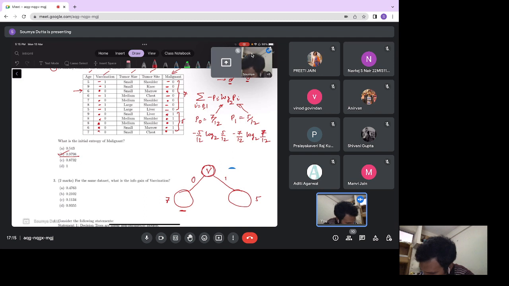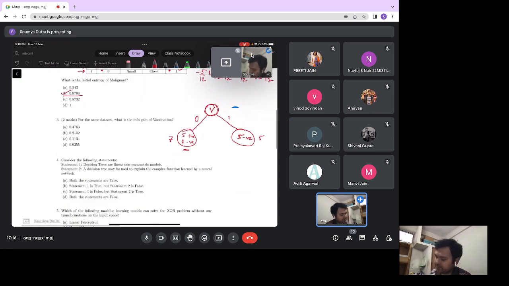Out of the 7 zero cases, malignant is positive, or 1, in 5 cases and malignant is 0 in 2 cases. I'm writing this as 5 positive and 2 negative, where 5 positive means 5 ones and 2 negative means 2 zeros. Similarly, if vaccination is 1, then malignant is always 0 in all the 5 cases, so this has 5 negative.